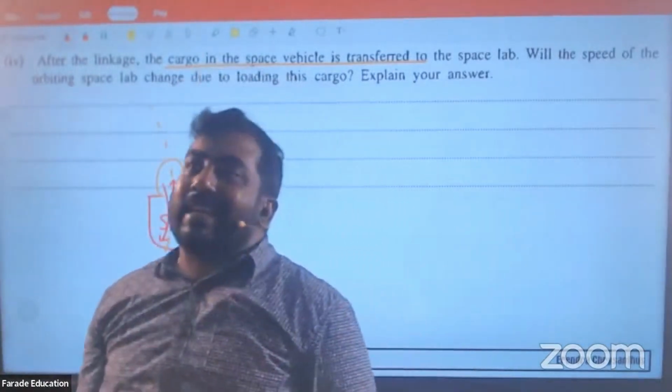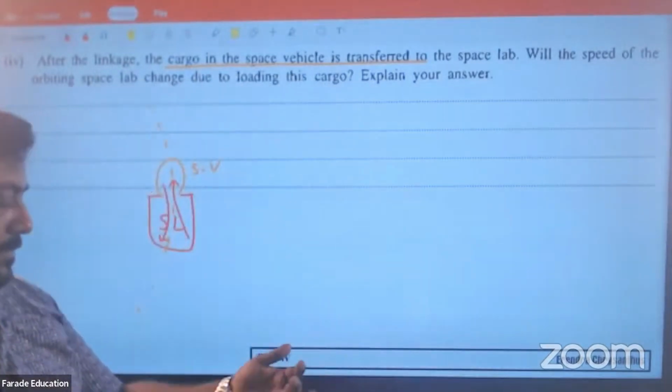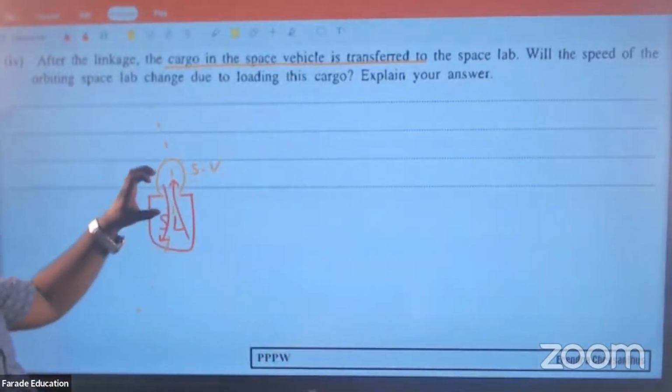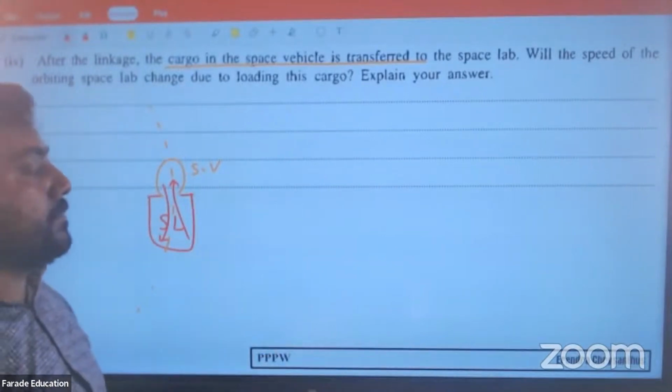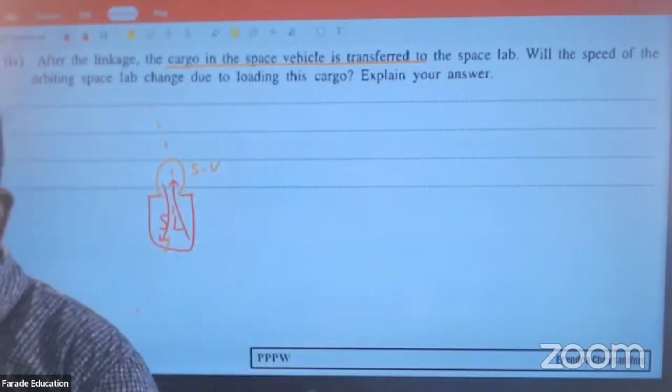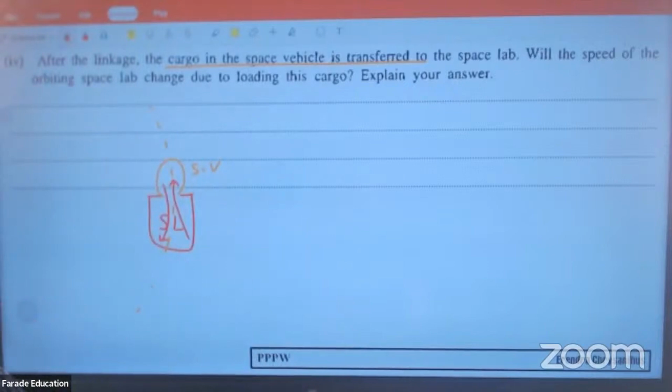Cargo moving is an internal process. This will not affect the velocity of the orbit because the total momentum of the system does not change.